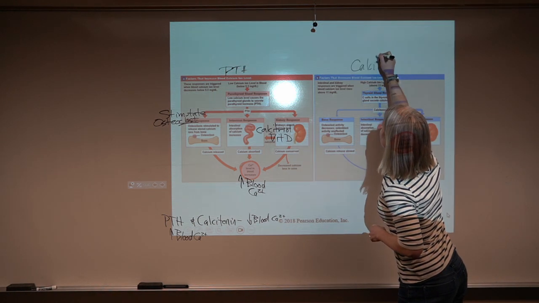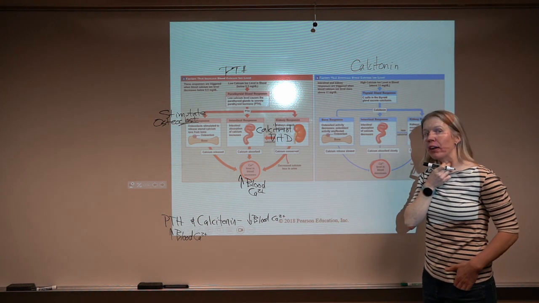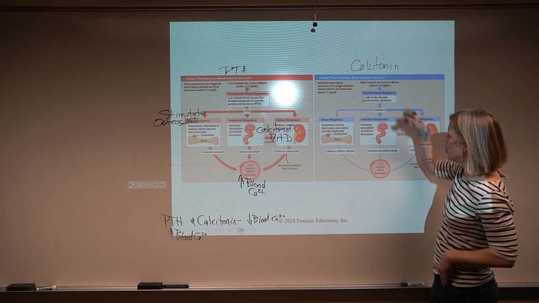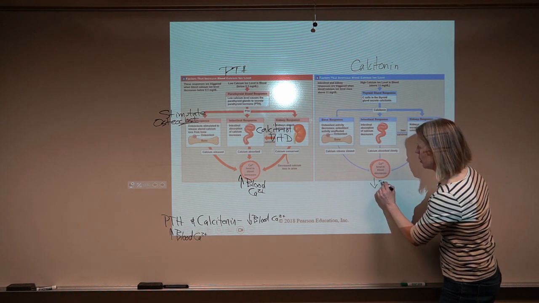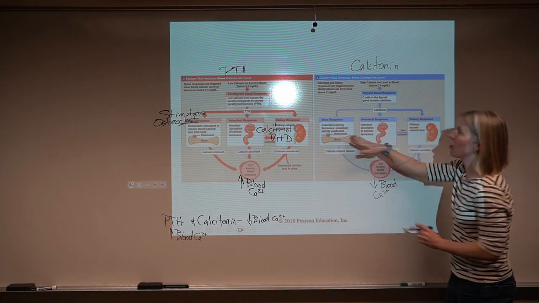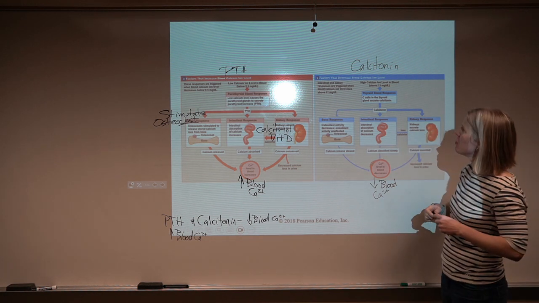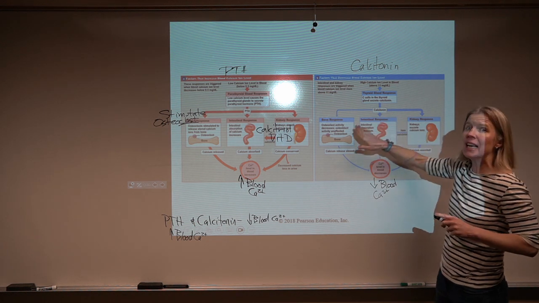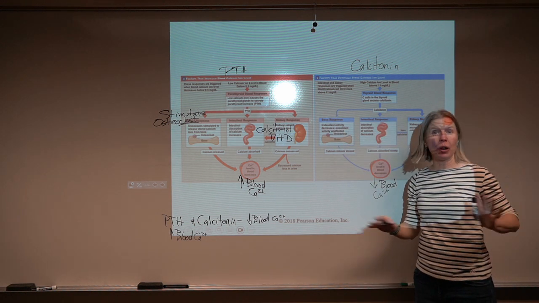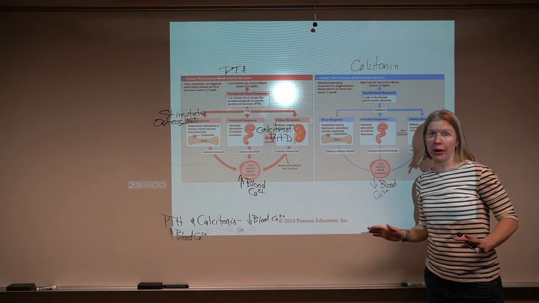Calcitonin is a hormone produced by the thyroid gland that is going to decrease blood calcium levels. But notice it's working on the same 3 places. So this is actually kind of nice, that what calcitonin does is basically tells the osteoclast to cut it out, right? We don't need more calcium in the blood, right?